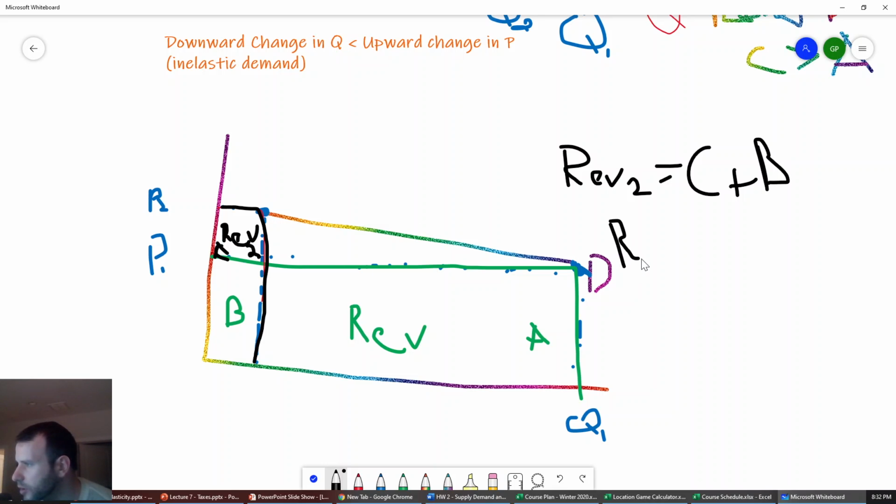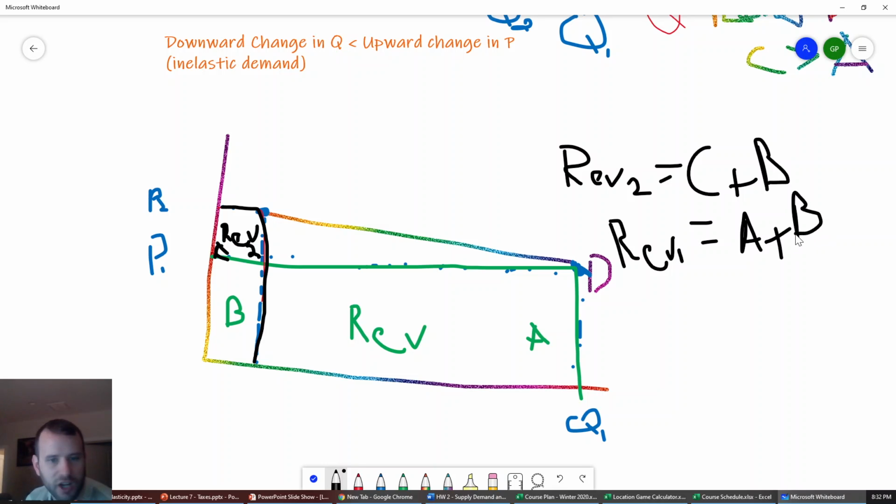Revenue 1 is going to be A plus B. And don't put any stock on what I labeled as A and what I labeled as B. I'm sure it's probably not consistent with what's up here. But basically, I'm just labeling different areas of the graph. So A plus B is equal to your revenue 1. B plus C, this is a C right here, B plus C is equal to your revenue 2.